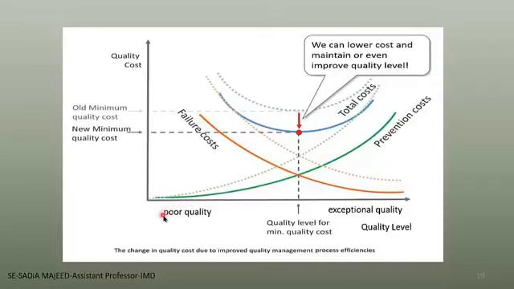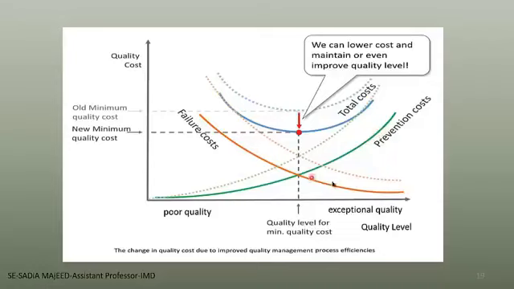When we are producing poor quality products, in that case, prevention and appraisal cost will be at its minimum, but failure cost will be at its maximum. If we are producing exceptionally high quality product, then failure cost would be at its minimum, but prevention and appraisal costs would be at its maximum.